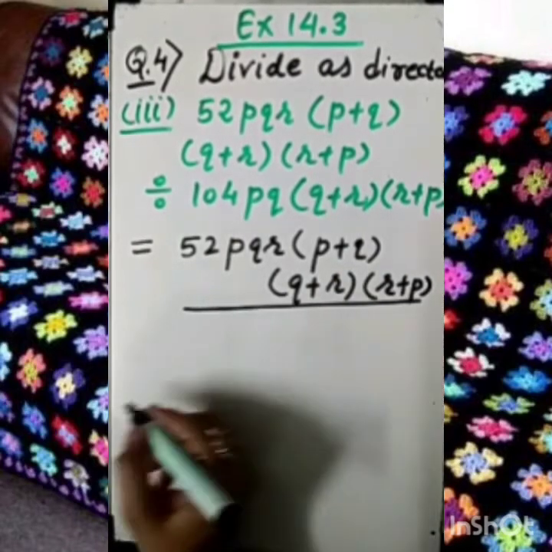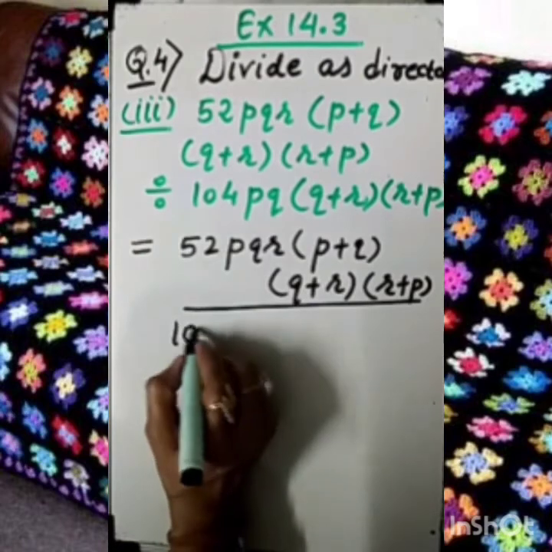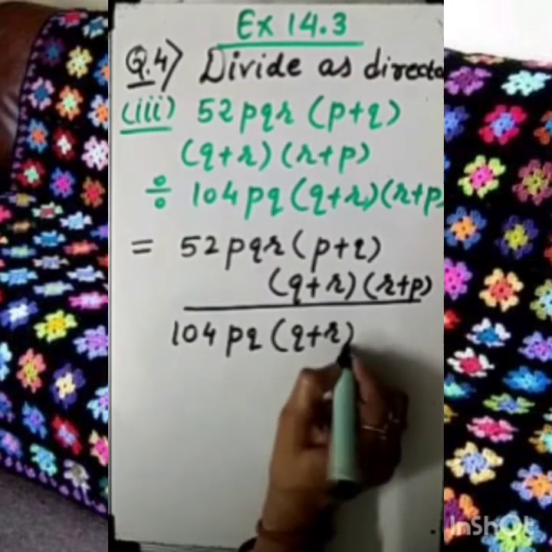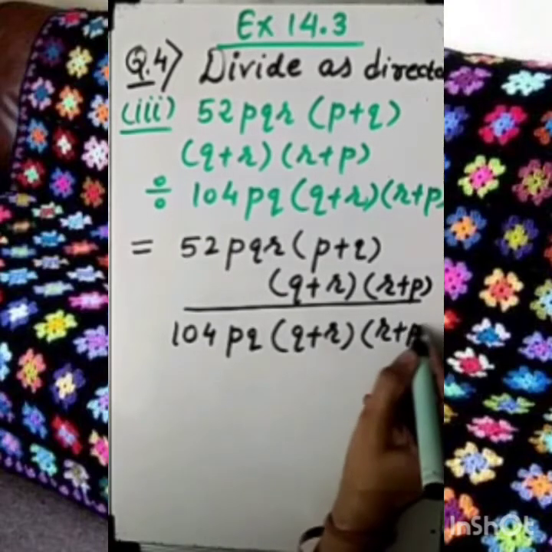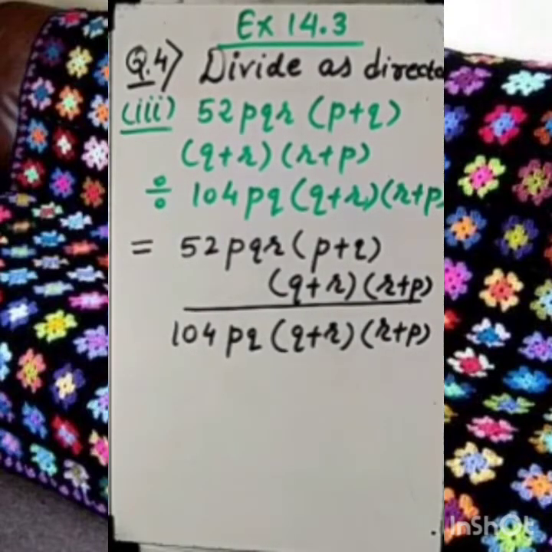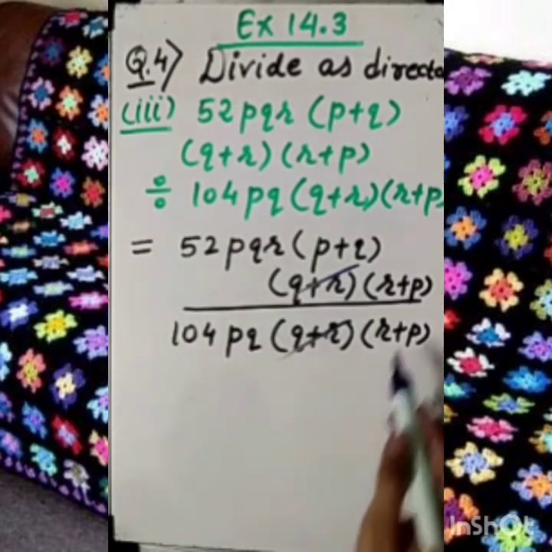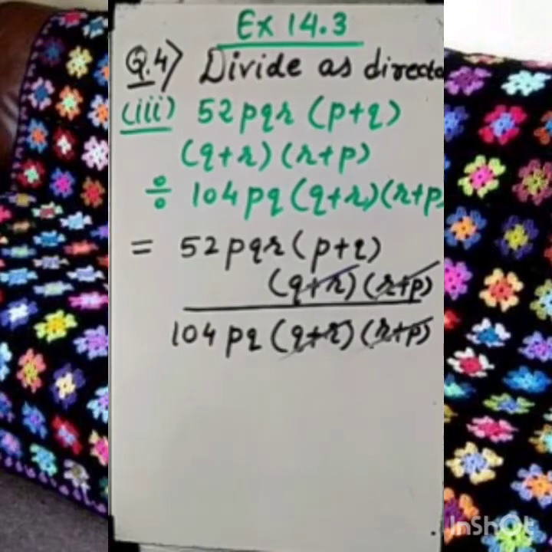This we are going to divide by 104pq(q plus r)(r plus p). Which brackets are similar in numerator and denominator? Let's cancel them. Here q plus r can be cancelled, and r plus p can be cancelled.